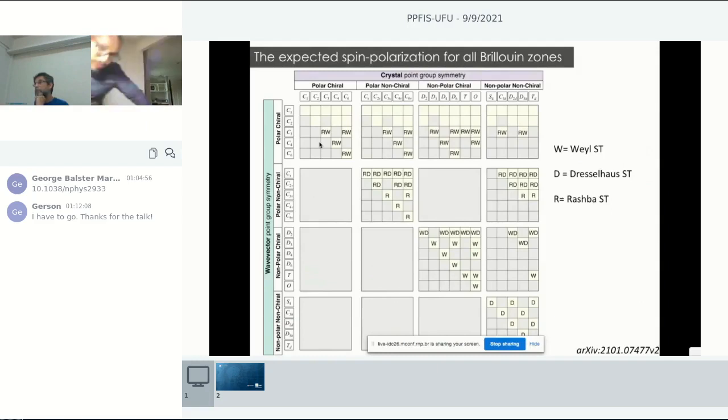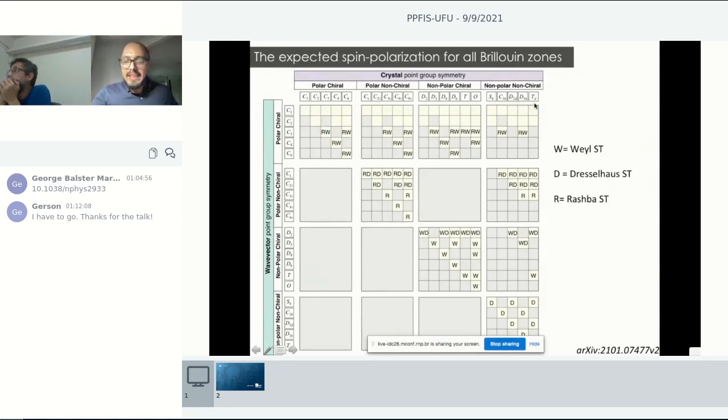Okay, so we have the intersection between these two plots here. And you can notice the following thing. When we have a gray color, this means that the specific crystal point group cannot have this symmetry in the reciprocal space. Let me try to explain this.